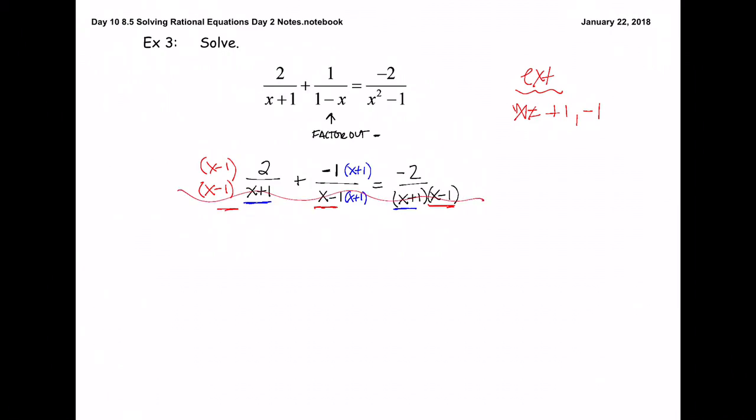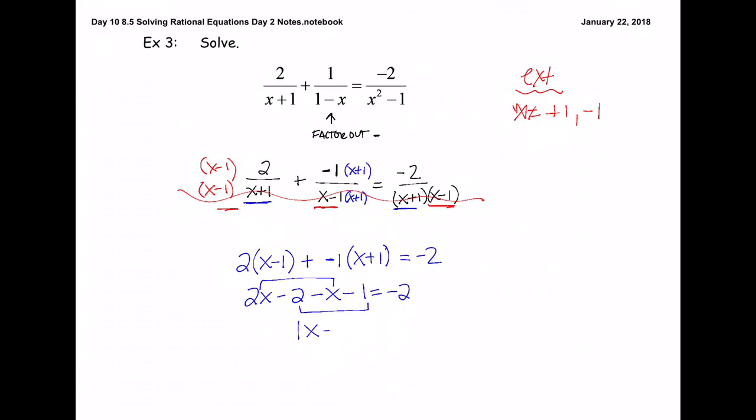Cross out your denominators and finish your problem. 2 times x minus 1 plus negative 1 times x plus 1 equals negative 2. 2x minus 2 minus x minus 1 equals negative 2. 2x minus x is 1x.